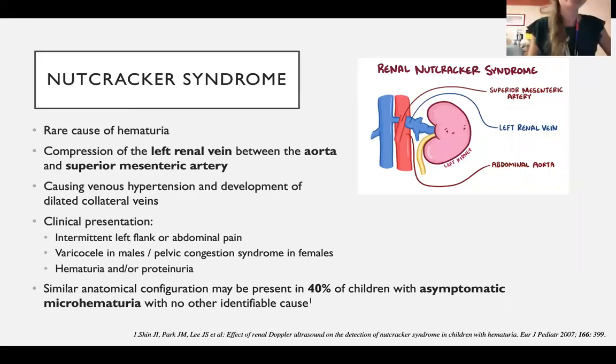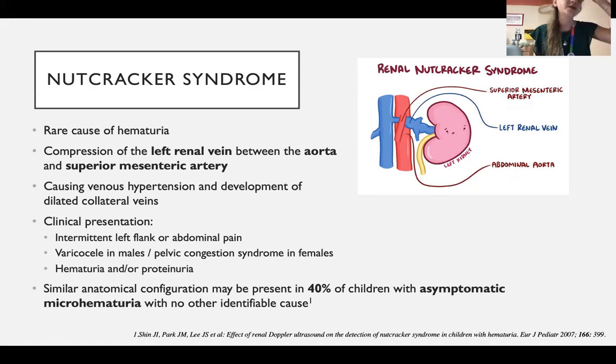Nutcracker syndrome is a very small and rare cause of hematuria, but it's an important one and another one of the ones that are commonly missed. It's caused by the entrapment and compression of the left renal vein between the aorta and the superior mesenteric artery. This results in hypertension and the development of collateral veins. The presentation for these patients is usually hypertension, intermittent left flank or abdominal pain, hematuria and/or proteinuria.